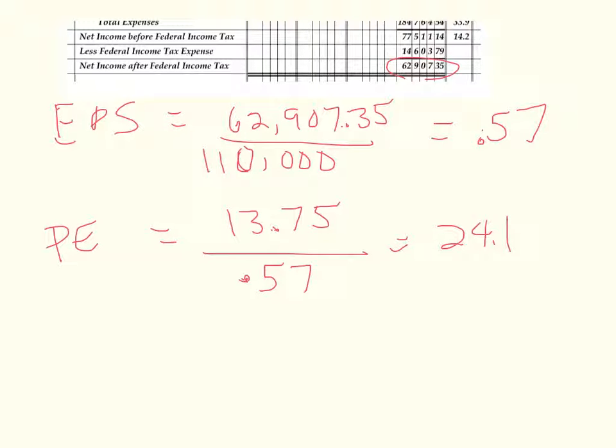The price earnings ratio, also referred to as the PE ratio, is the ratio of the current market value of your stock compared to your earnings per share. The market value of this company is $13.75. The earnings per share was 57 cents, calculating out to a PE ratio of 24.1.